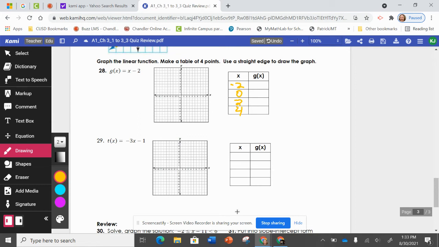So if I plug each of these into the equation for x, negative 2 minus 2 is negative 4. 0 minus 2 is negative 2. 2 minus 2 is 0. And 4 minus 2 is 2.